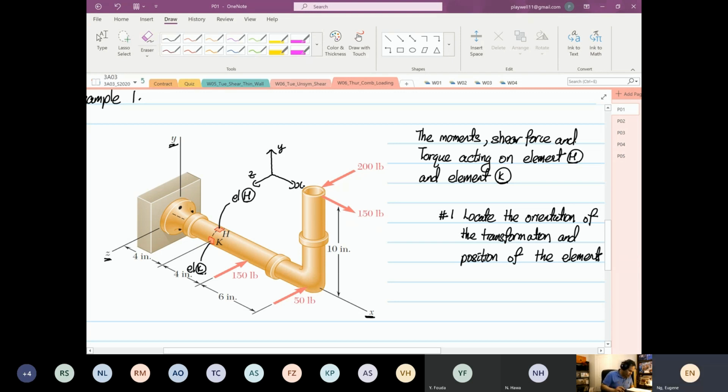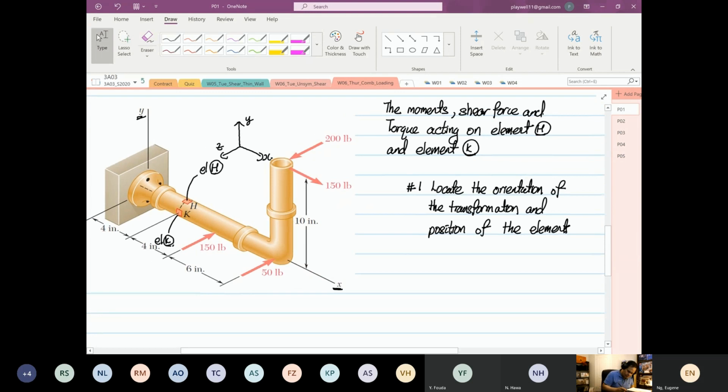The next thing that we're going to do is find out where the neutral axis is, relative to element H and element K. We're going to locate it.